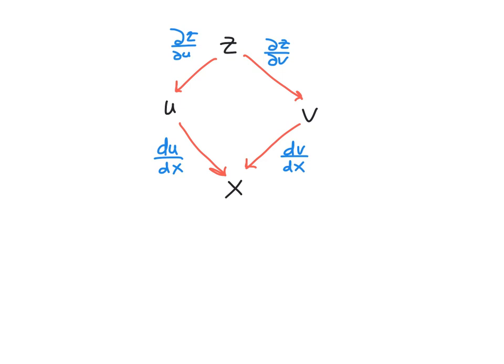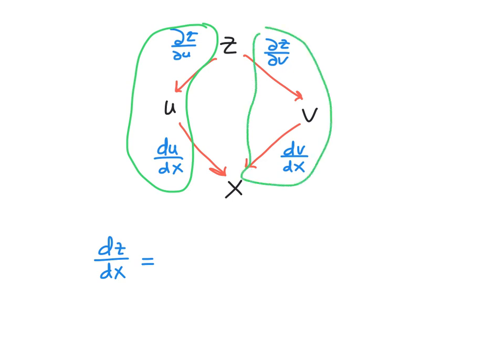And so when we want to compute the derivative of z with respect to x, dz dx in this case, we want to look at every possible path from z, the dependent variable, down to x, the independent variable. In this case, there are two paths to go, the path on the left side and the path on the right side.